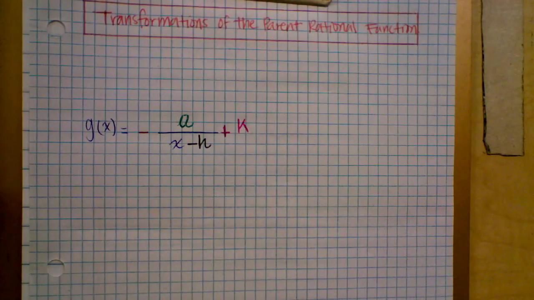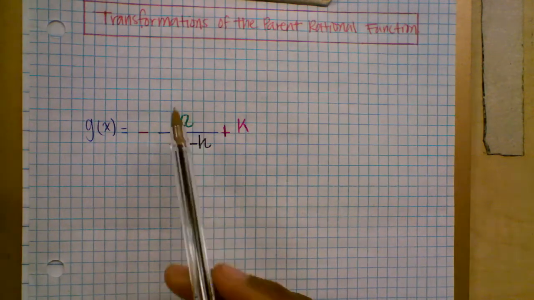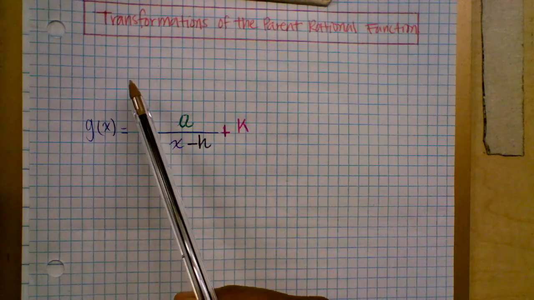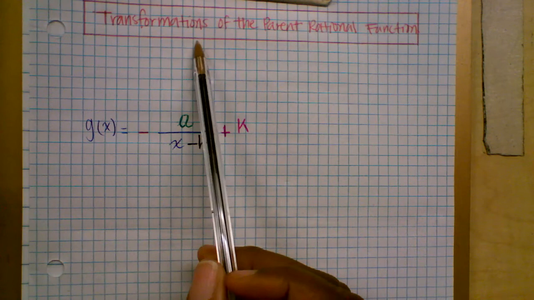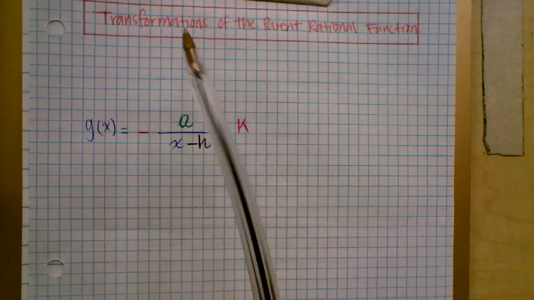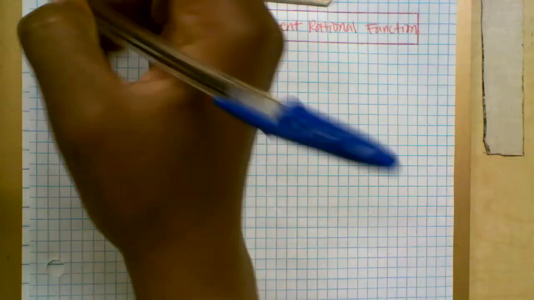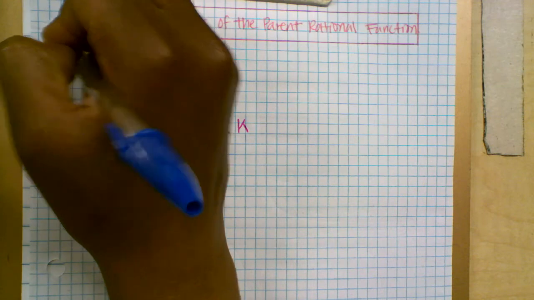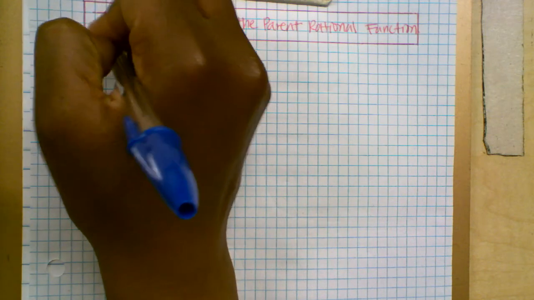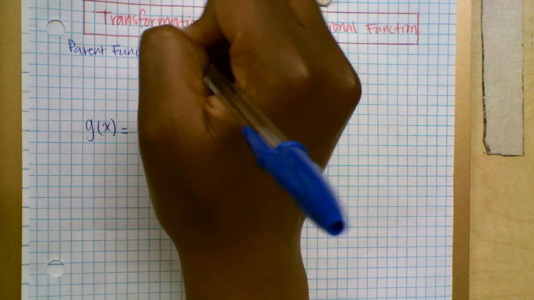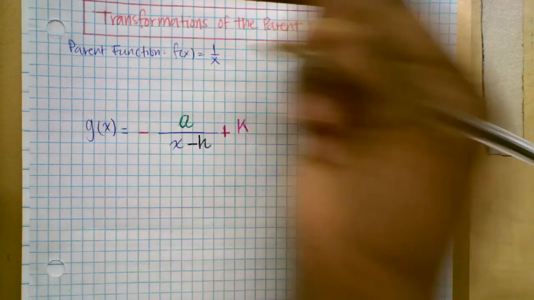Hello, welcome back. In this video, I am going to describe the type of transformation that has been applied to the rational parent function. As you may know, the rational parent function is f of x equals 1 over x.